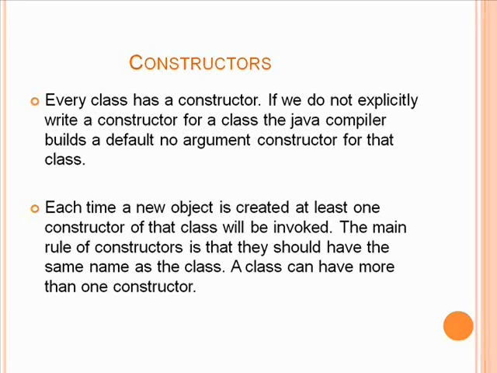If we do not explicitly write a constructor for a class, the Java compiler builds a default no-argument constructor for that class. Each time a new object is created, at least one constructor of that class will be invoked. The main rule of constructors is that they should have the same name as the class. A class can have more than one constructor.